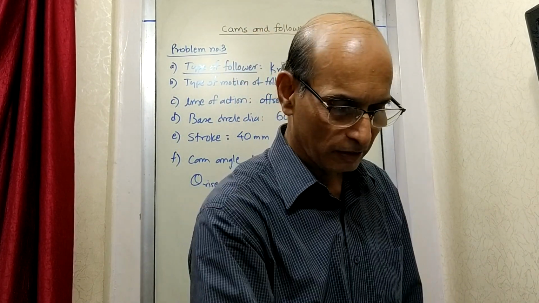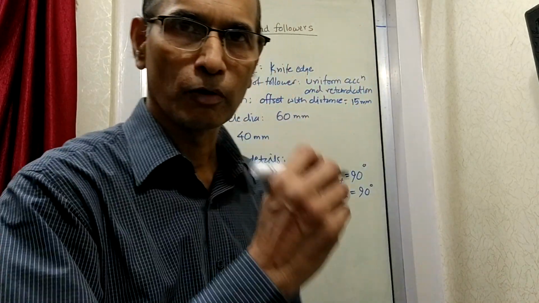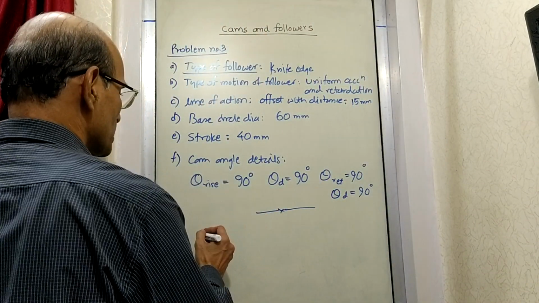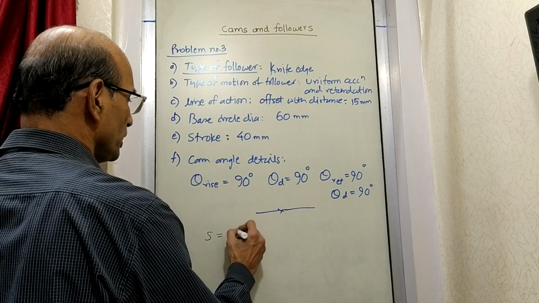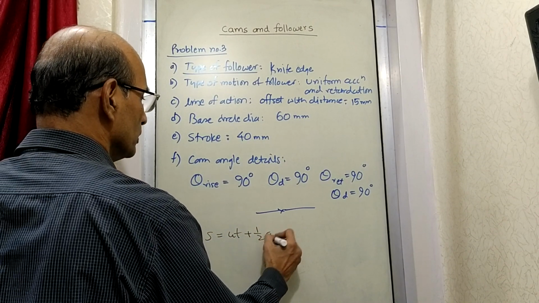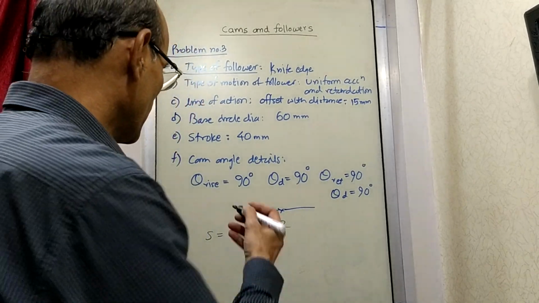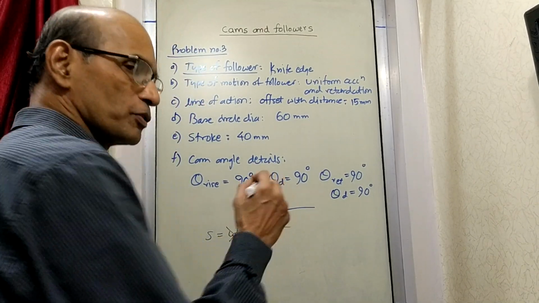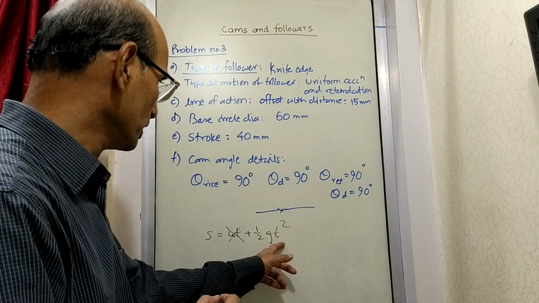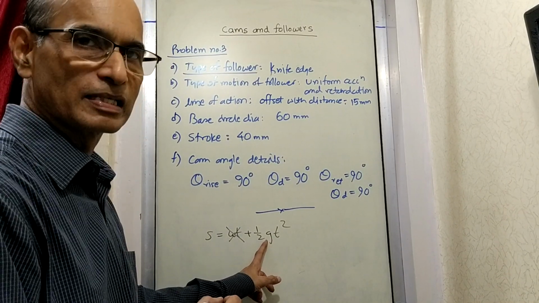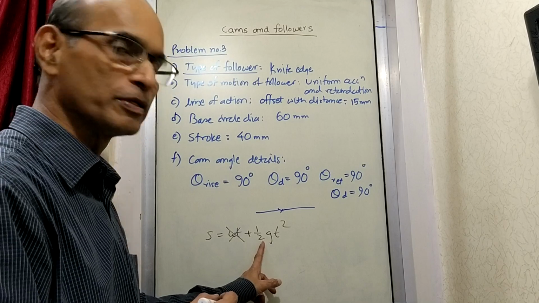Now for this object, when it is falling down, you must be knowing from the physics which you have learned that the displacement is equal to ut plus half gt square. This equation you must have learned. Now out of that, let us forget the ut because initially velocity is 0. And what you see here, half gt square, out of that g is acceleration, which is constant, half is constant.